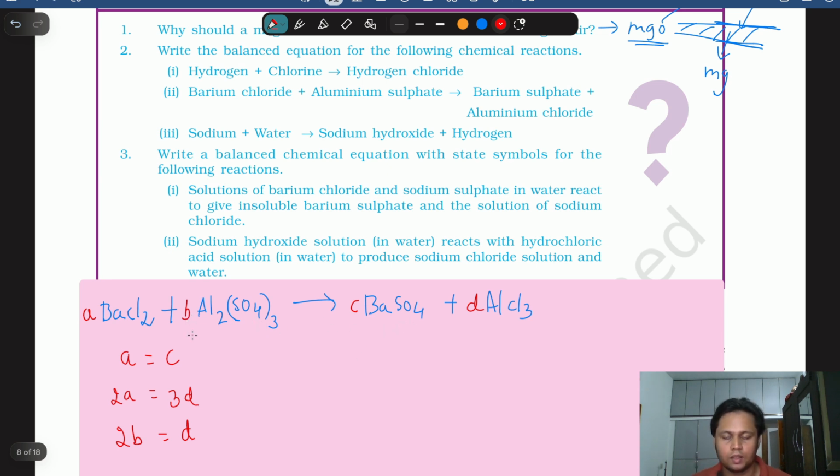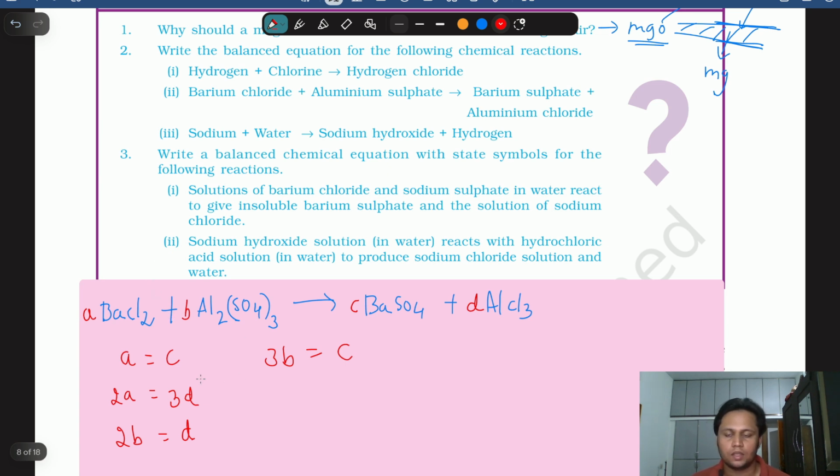How many SO4 here? 3, right? So 3B is equal to how many SO4 here? 1, because there is only one SO4. So 3B is equal to C.